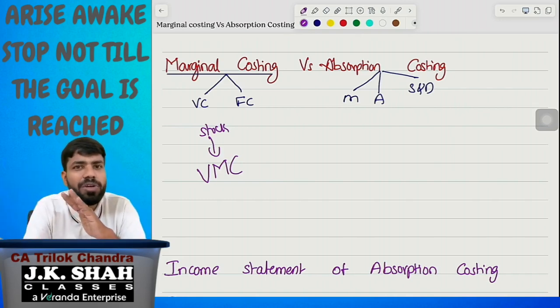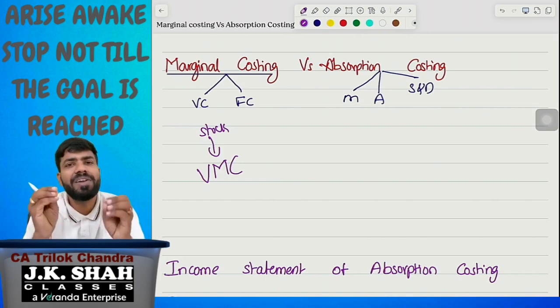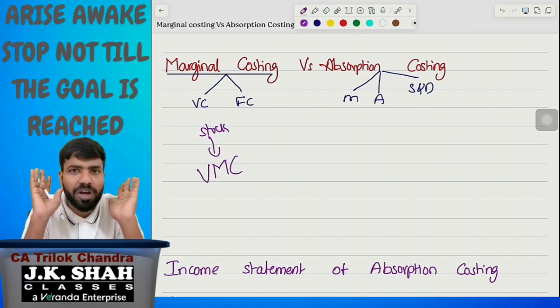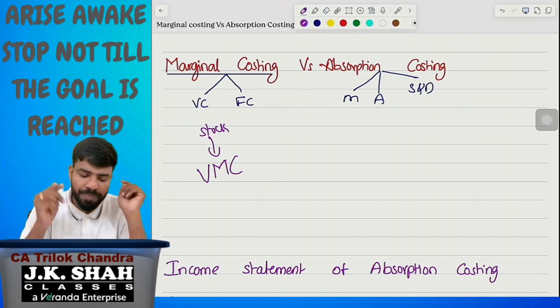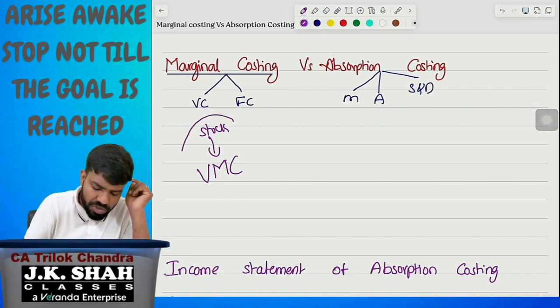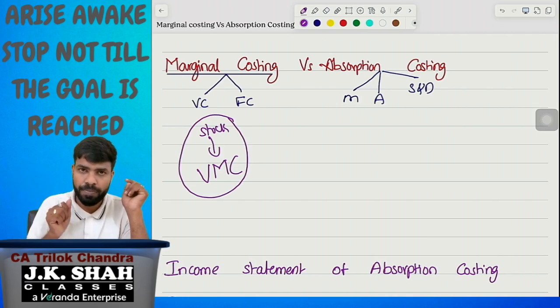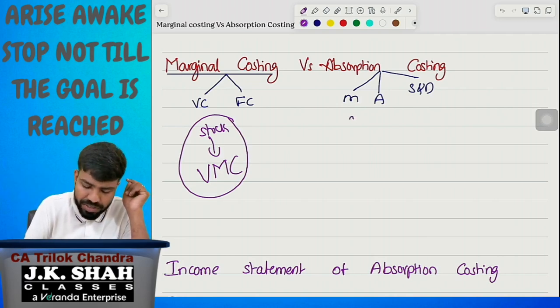Even in financial accounting, you study the same thing. Units will be valued at manufacturing cost, meaning production will be valued at manufacturing cost. But please understand, when it comes to marginal costing, stock is valued using variable manufacturing cost. When it comes to absorption costing, stock will be valued using total manufacturing cost.